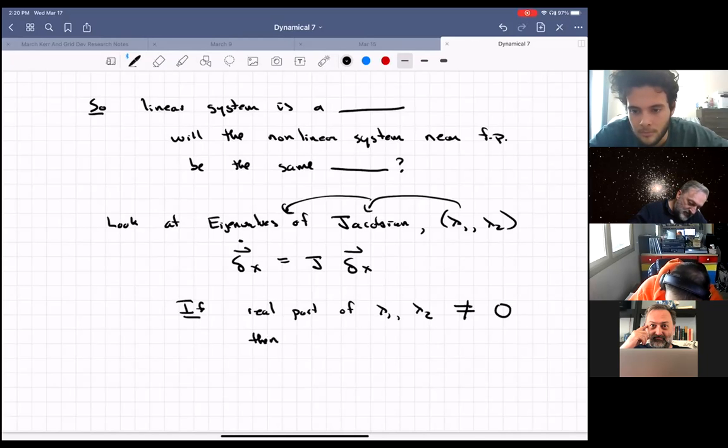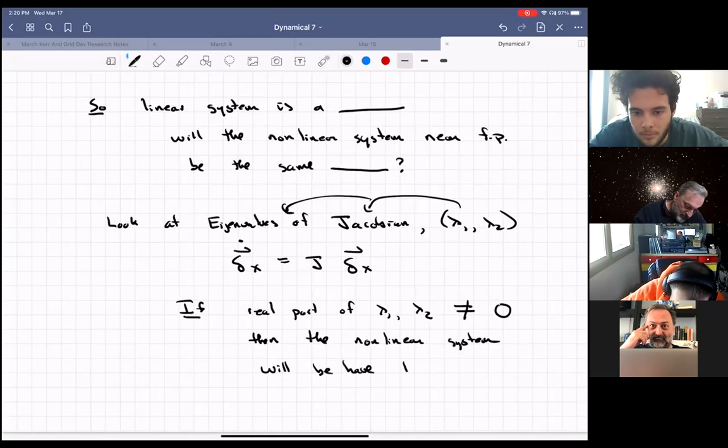then the nonlinear system will behave like the linear system. That is the key takeaway.